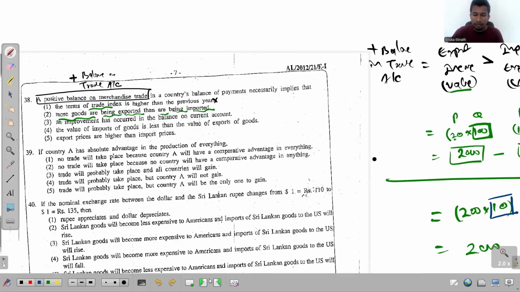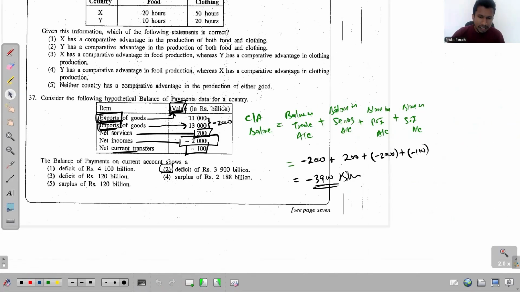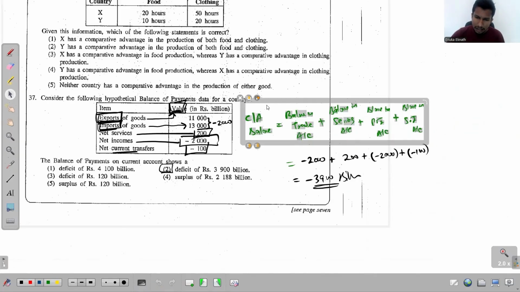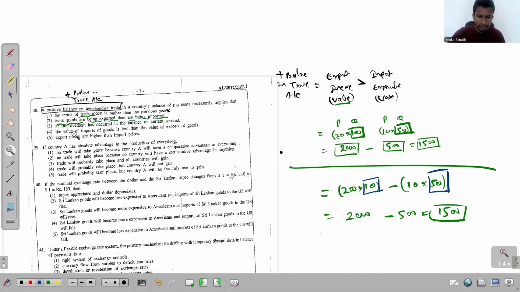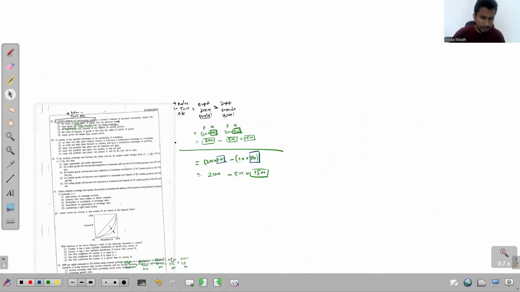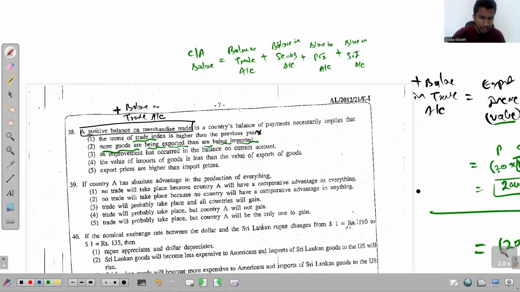See the problem. What is that? I explained that. See, we'll take this equation to the other side. I explained that the current account balance you get as the total of these four. Right? So I'm explaining this point 3. So the current account balance you get as a total of these four balances.